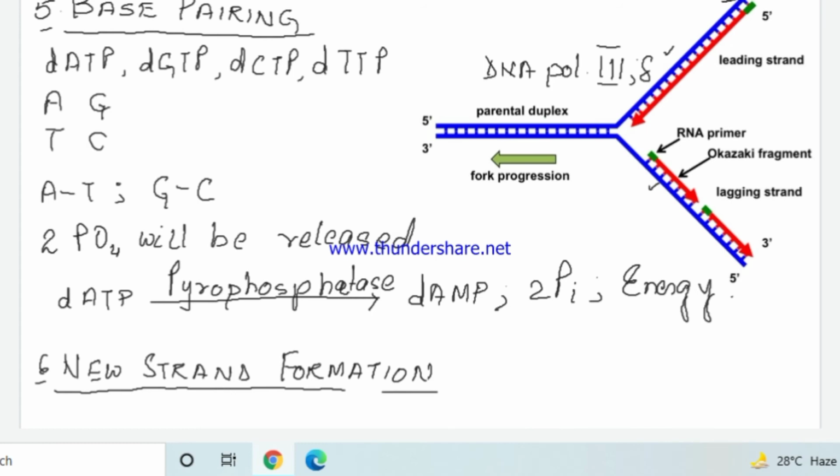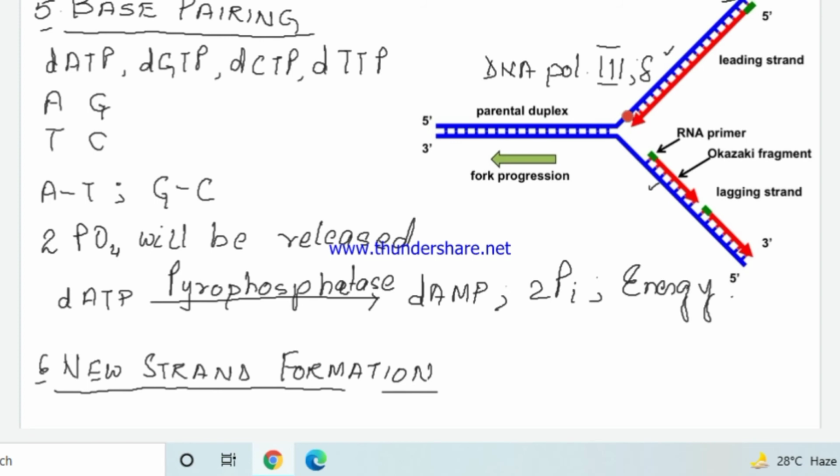So this is the 3' end. Only at the 3' end the nucleotides could be added, and they will lie opposite to that of the template strand. The chain elongation will occur in opposite direction. See here with the red arrow, it is shown the direction of the chain elongation.